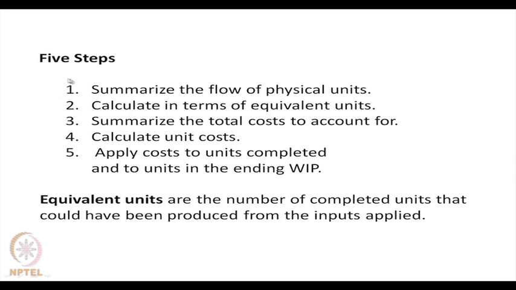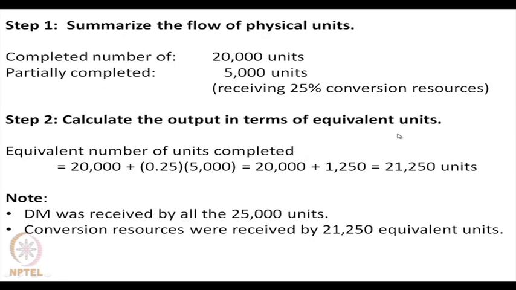Now, let us apply each one of these steps to finally know how the costs are applied to the completed units and to the work in process. First of all, step 1, says summarize the flow of physical units. It is very simple.